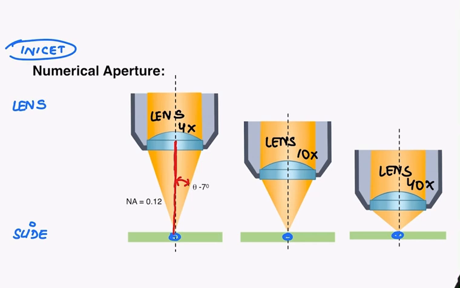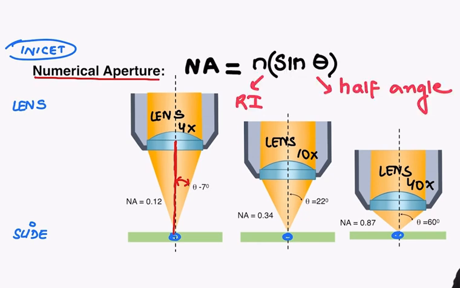And if you look carefully, as the magnification of the lens is increasing, 4x, 10x, 40x, don't you think that angle is also increasing? The value of theta is increasing more in the next one. So all in all, I can say that now I can explain to you what is numerical aperture, because that is a formula. It is n sine theta, where n refers to refractive index and theta refers to half the angle.